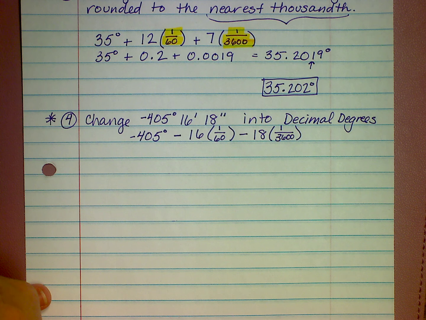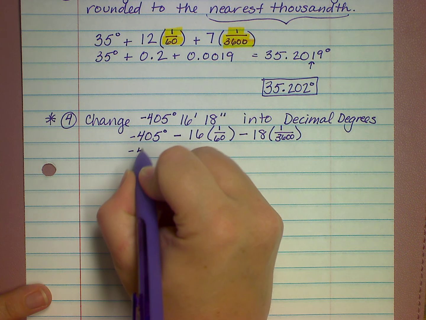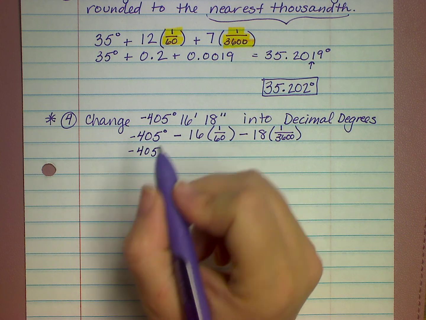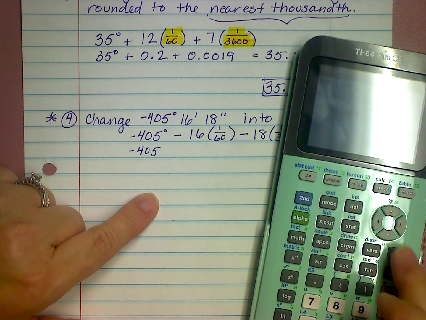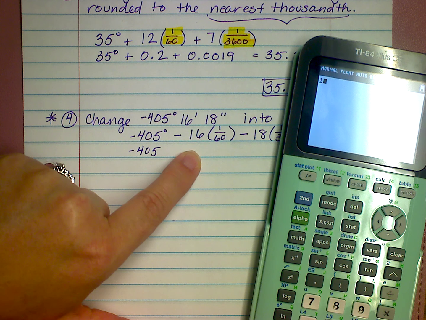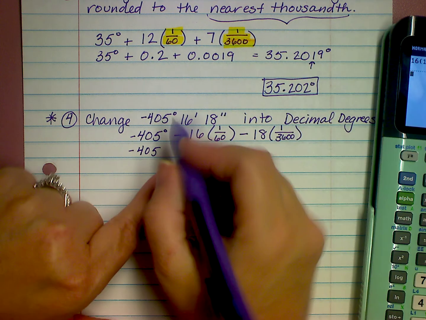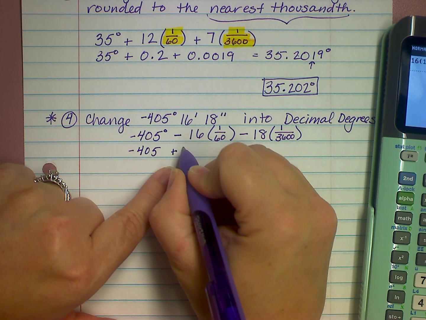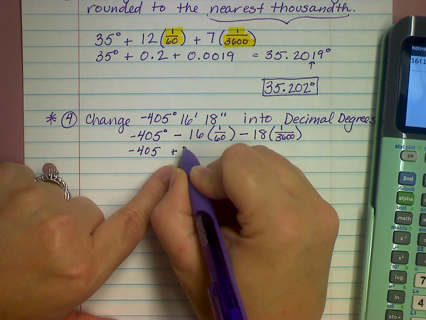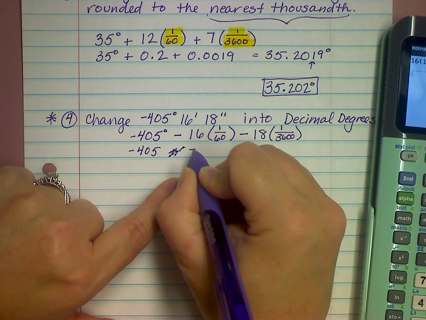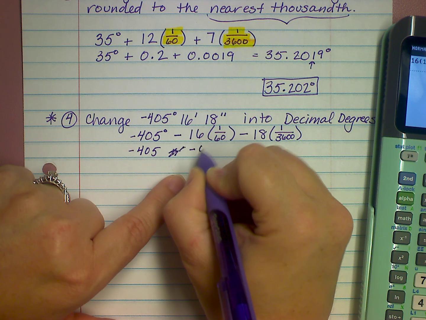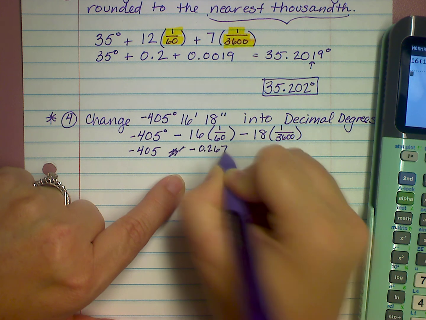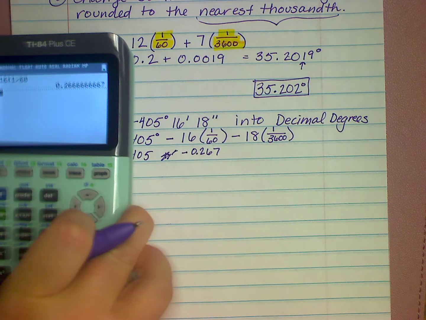Because for negative angles, we need every part of it to be negative. So let's see, that's negative 405, and then 16 times 1/60th is minus 0.267-ish.